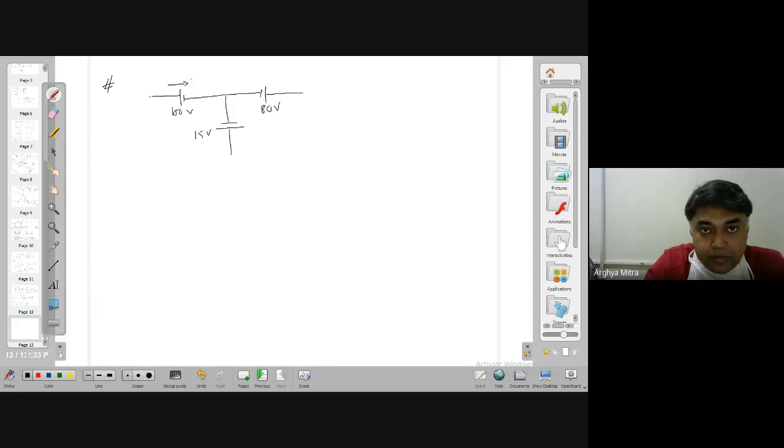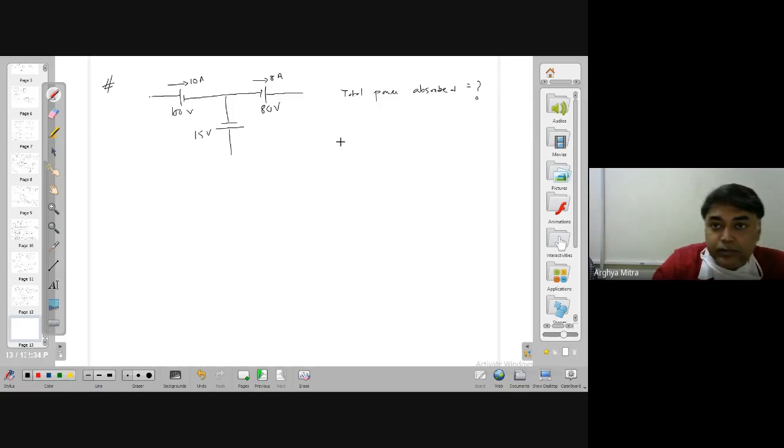The current which is sending is 10 ampere. This is 8 ampere. Then it is asked that what is the total power absorbed? Total power absorbed, it is asked.